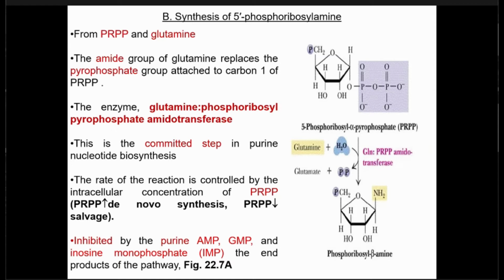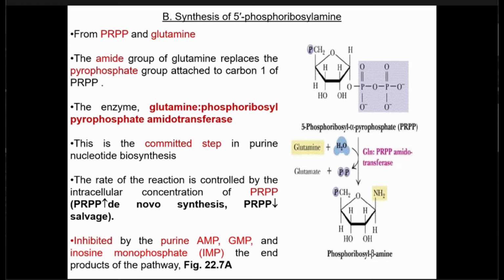And it is the same as the first reaction. This reaction is inhibited by the end products, which are AMP and GMP. You see here I'm saying AMP and GMP. If you don't grasp the names, you are going to ask yourself, what is AMP and GMP? Inosine monophosphate is the end product of the pathway.